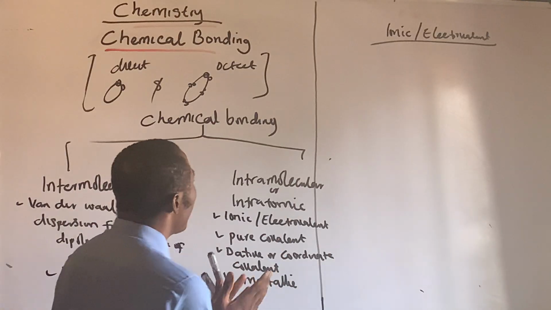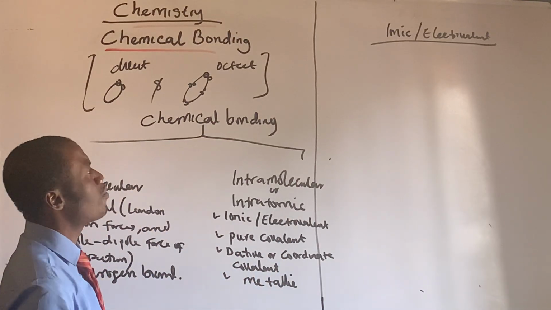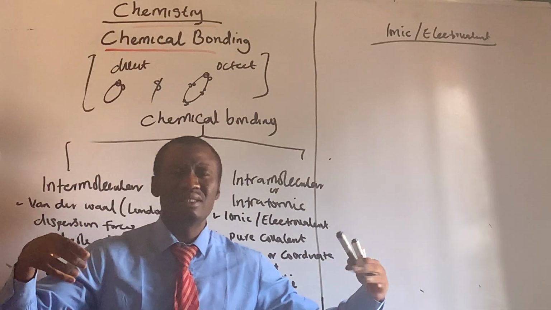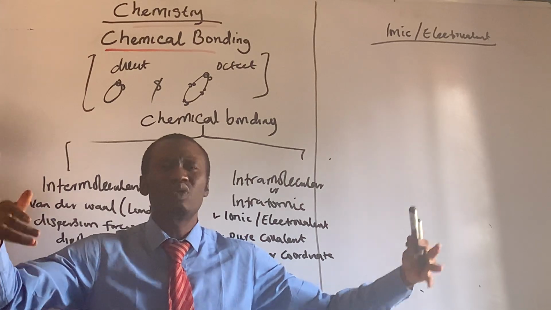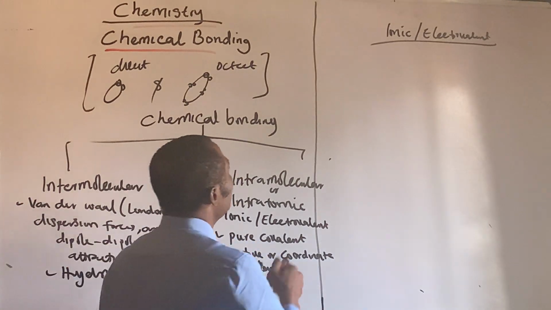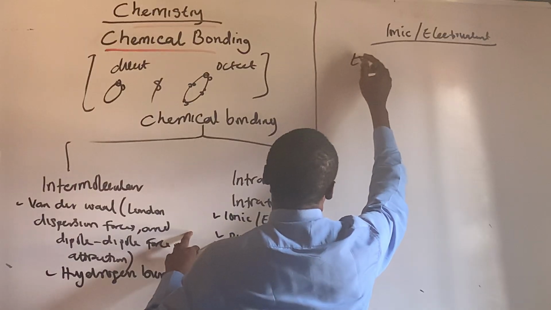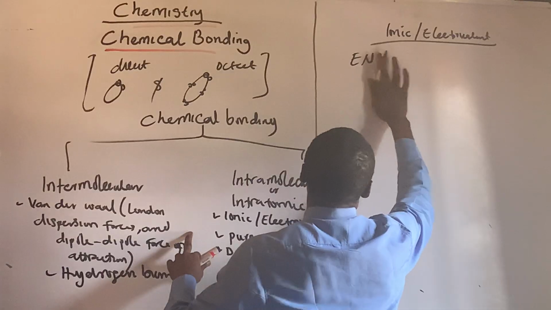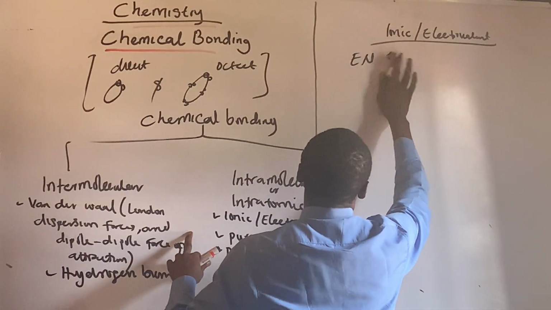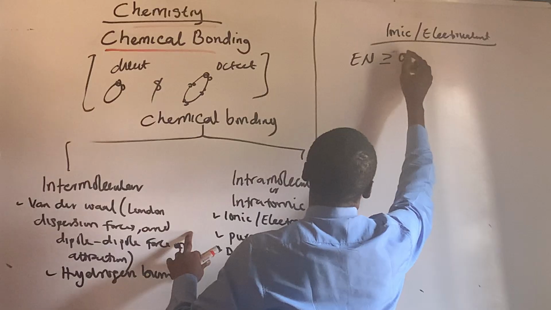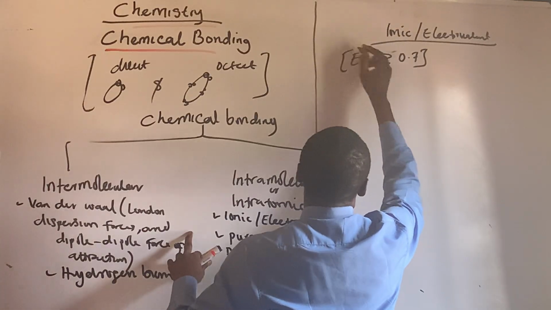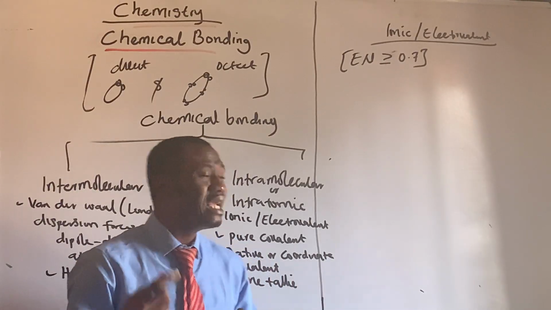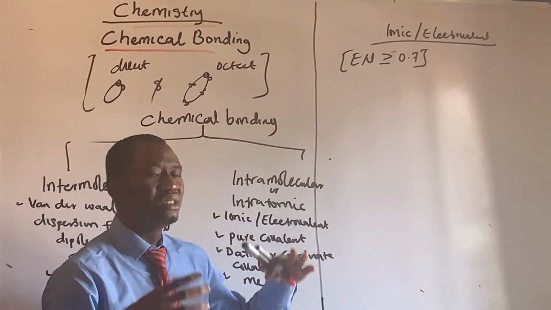All right. So what are we doing in electrovalent or ionic bonding? The force of attraction is between atoms of elements where the electronegativity difference between them is large, greater than or equal to 0.7.